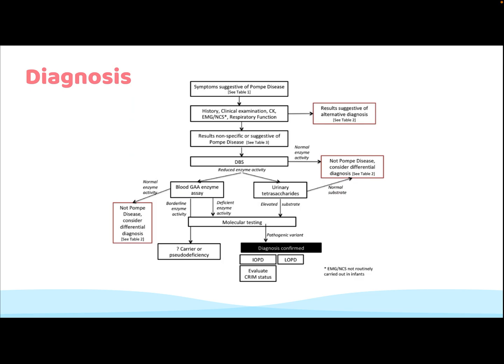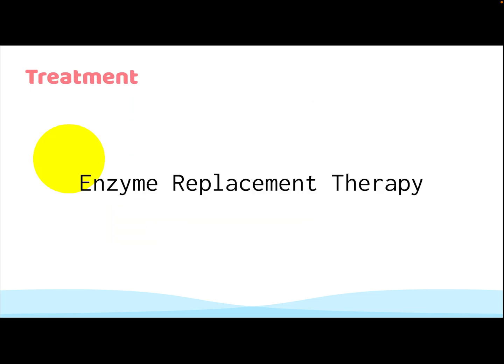So we might measure CK level. ممكن نعمل EMG nerve conduction study، نشوف respiratory function. We try to do multiple exams to rule in and rule out the differential, to know whether this is Pompe disease or not. You can go and read this algorithm by yourselves because there's nothing special about the diagnosis here. How do we treat?